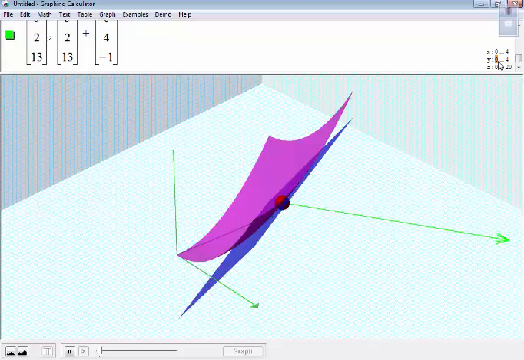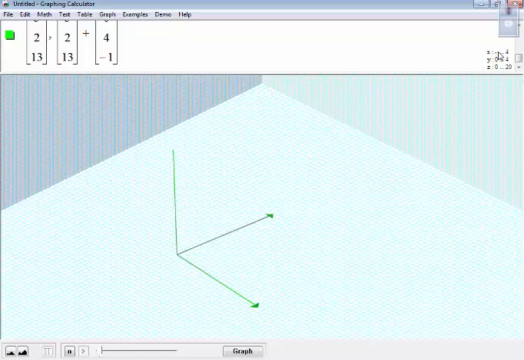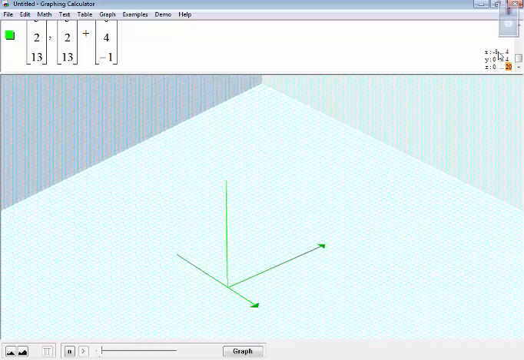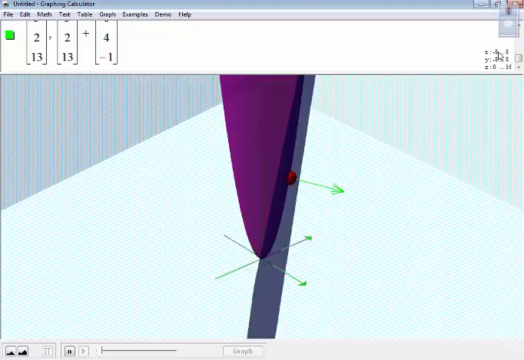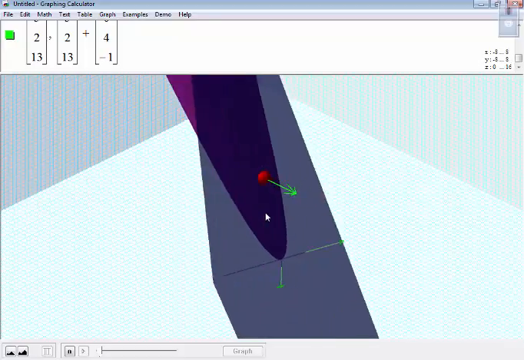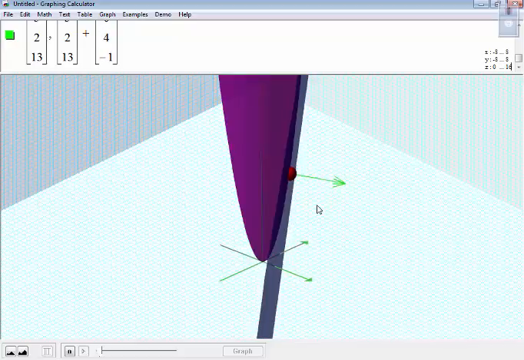It's 8 times 8 is 16. So let's go 8. Minus 8, 8. Minus 8, 8, 0 to 16. I have to draw it so that it's not being stretched one way or another. Now it looks like it's actually perpendicular.